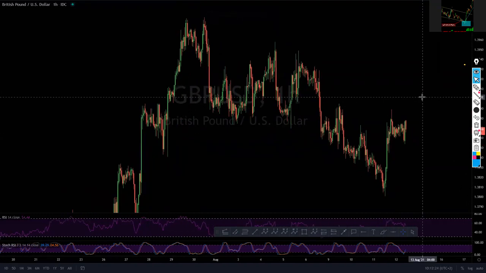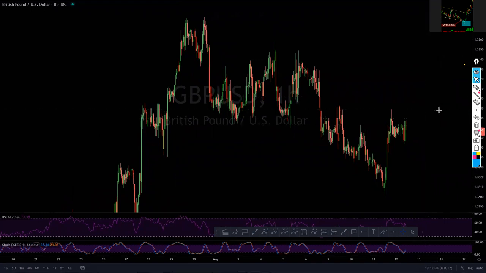So 5 swings higher gave us 1, right? 1 somewhere there in the white degree or the sub-minute degree. And then we have a pullback lower here, 1, 2, 3. Now you can see this is a clear impulse, right?